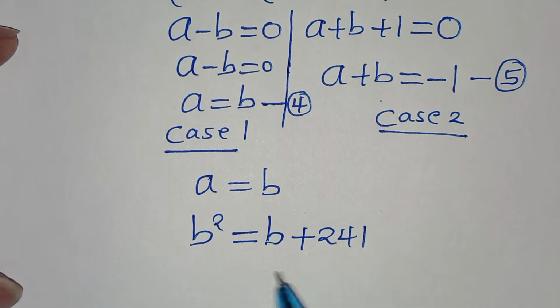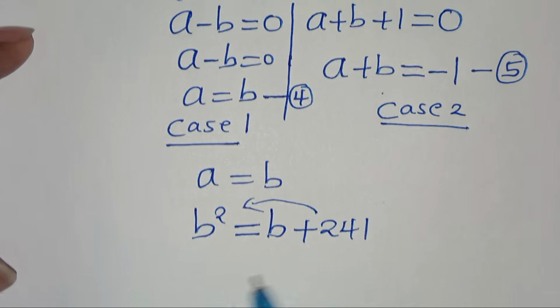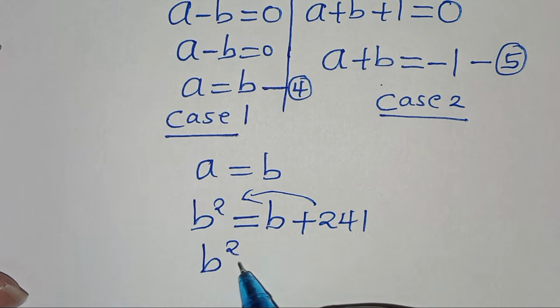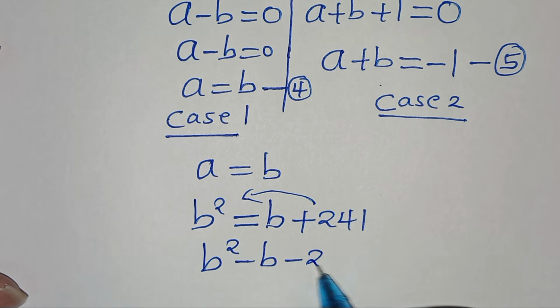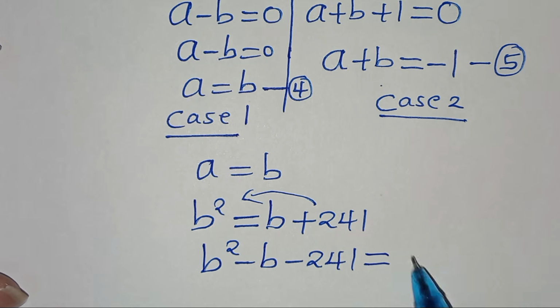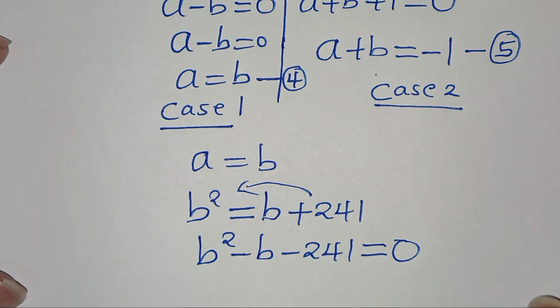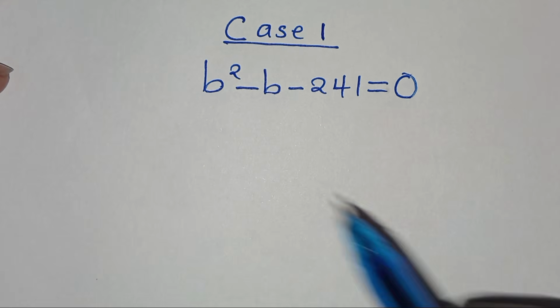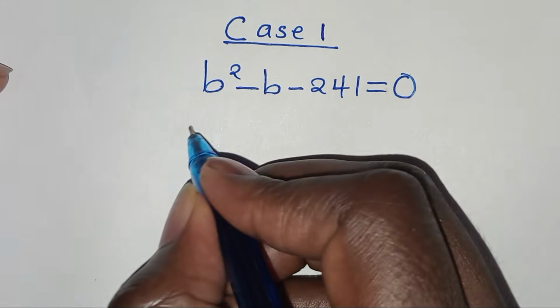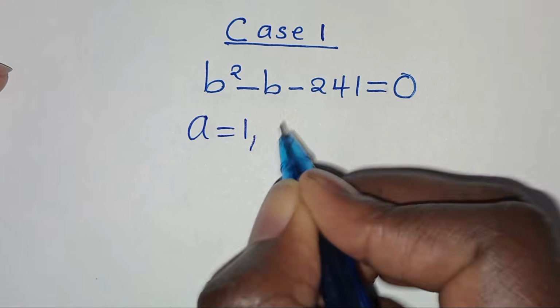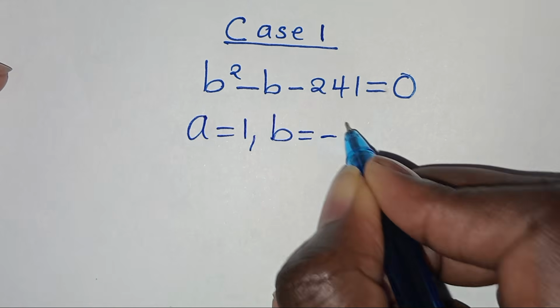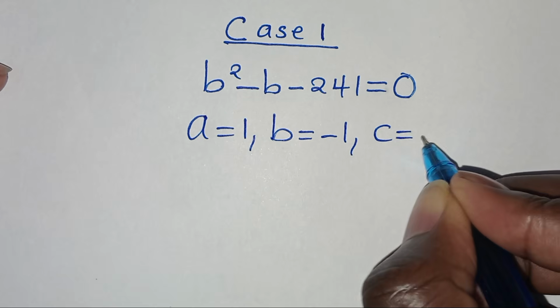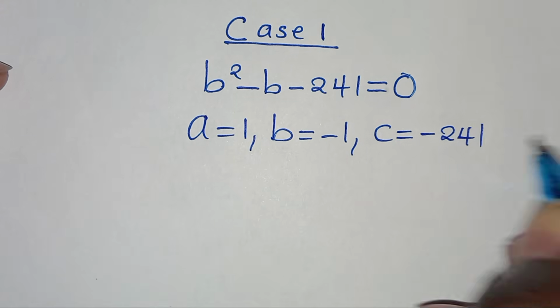Now, let's take b plus 241 on the left-hand side. And this means we have b squared minus b minus 241, this is equal to 0. Now, this is a quadratic equation where we have a is equal to 1, b is equal to minus 1, and c is equal to minus 241.